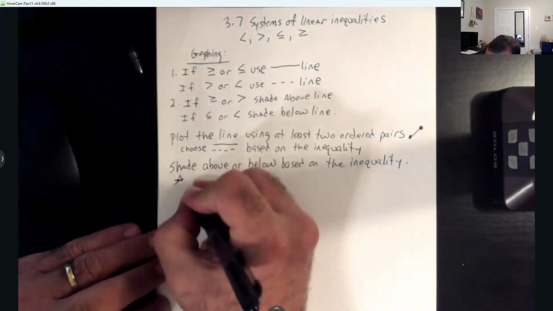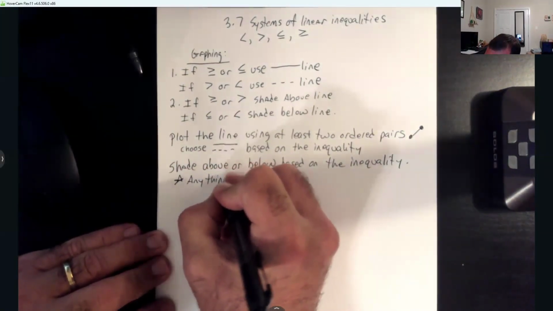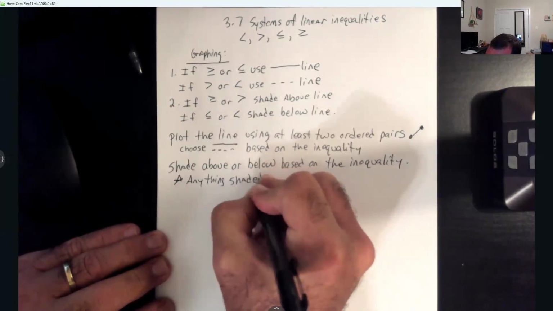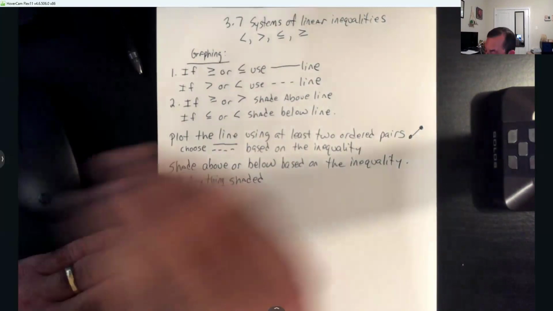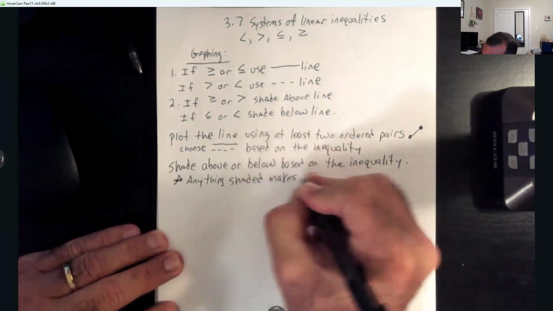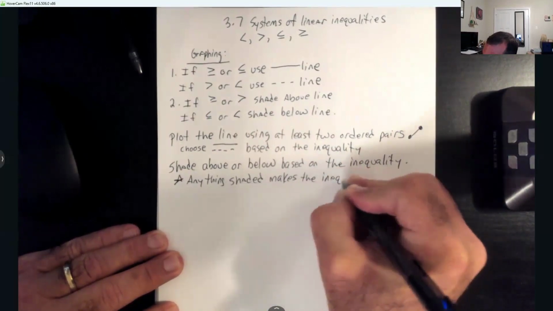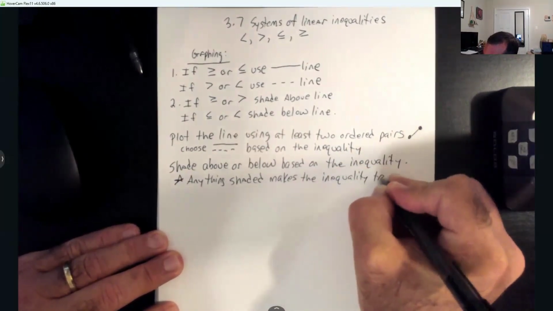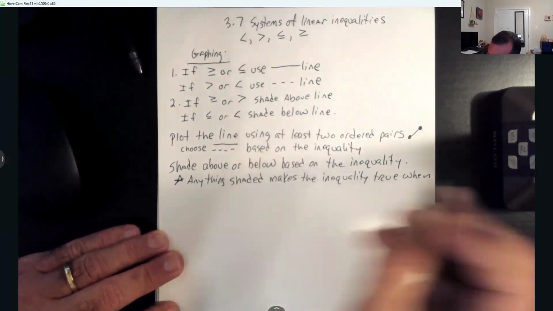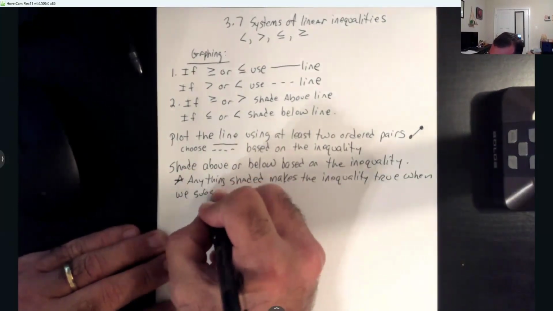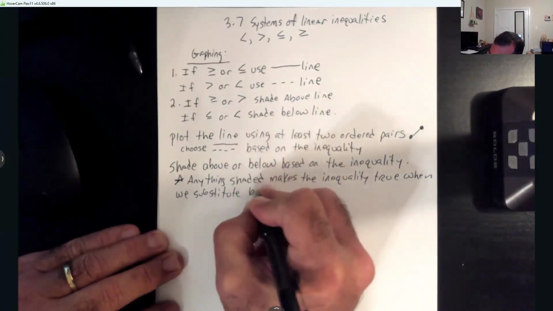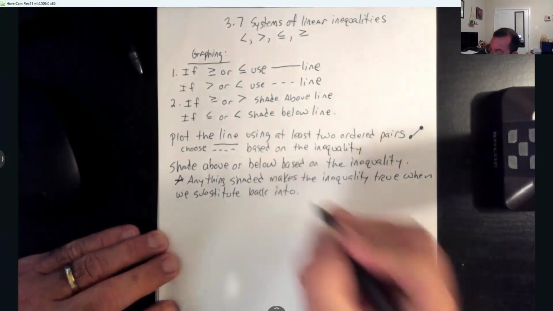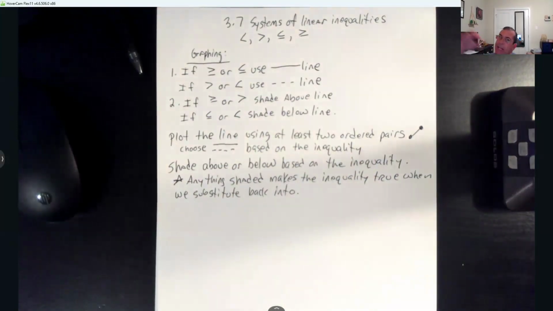Anything shaded makes the inequality true when we substitute back in. So anything that's shaded will make these things true. Anything not shaded would make them false. If it's got equals in it, anything on the line makes it true, okay?